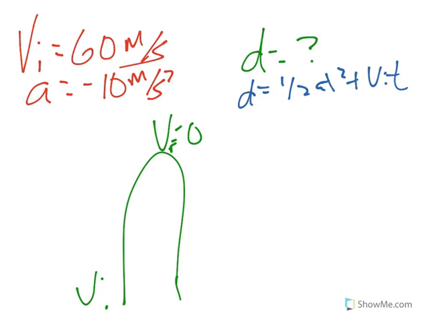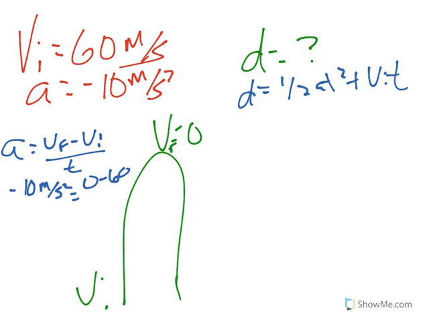The only other formula that you could use really is A is equal to VF minus VI over T. So that would be negative 10 meters per second squared equals VF, which is 0, minus 60 over time. If you solve for time, you should get time is equal to 6 seconds. Now we can plug that back in.